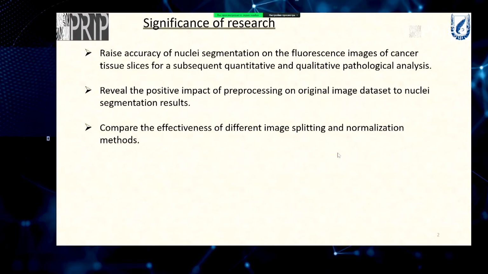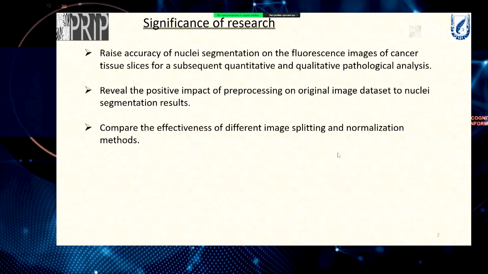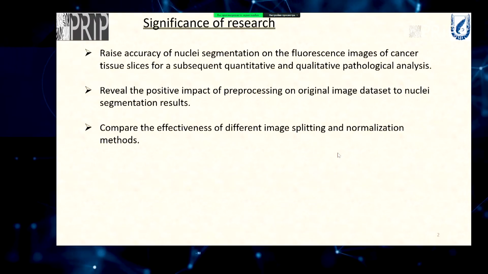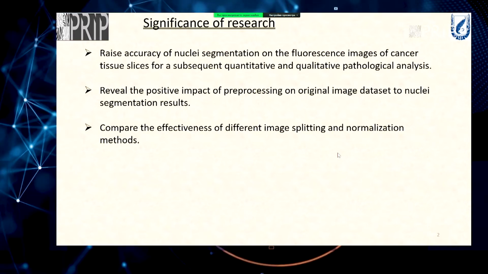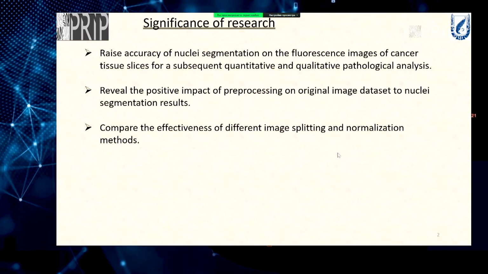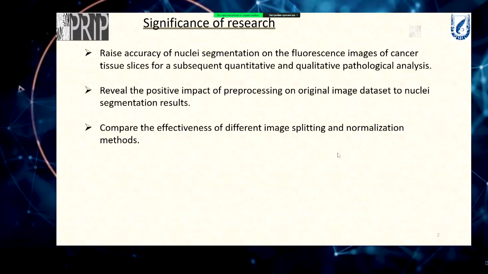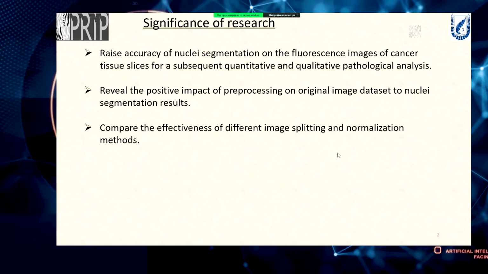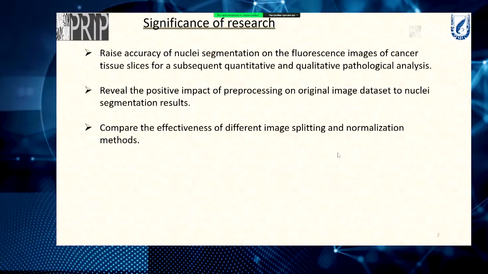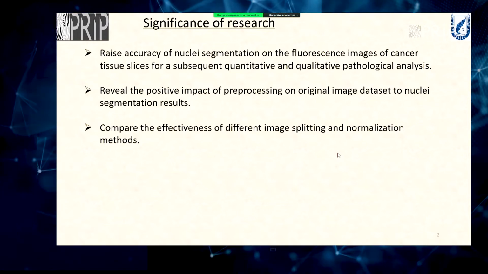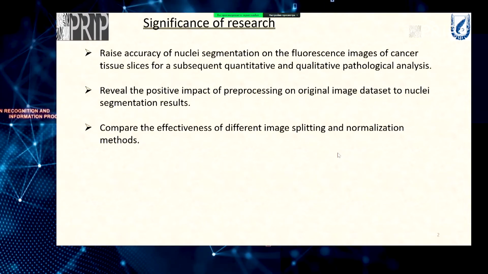The significance of our research is that, firstly, it can raise the accuracy of nuclei segmentation of fluorescence images of cancer tissue slices, and secondly, review the positive impact of preprocessing on segmentation. And the last one, we have compared the effectiveness of different image splitting and normalization methods, and then choose the best one.